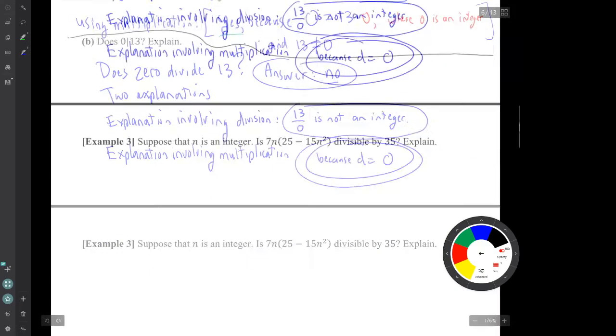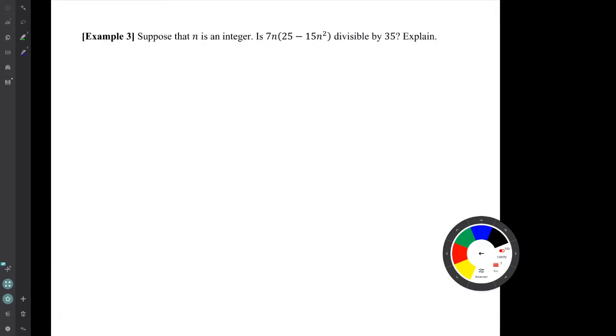Let's do another example. Suppose that n is an integer. Is this quantity divisible by 35? And explain. Well, the answer is yes, but we have to find a k that works.